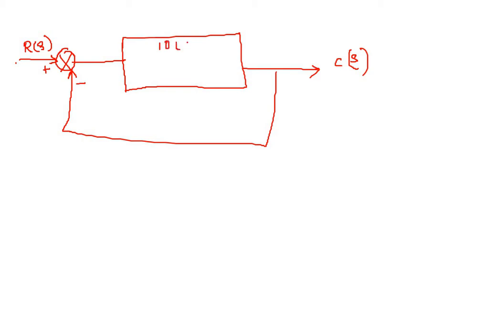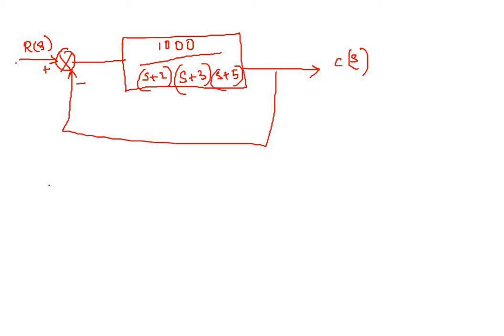the open loop transfer function is given by 1000 divided by S plus 2 into S plus 3 into S plus 5.